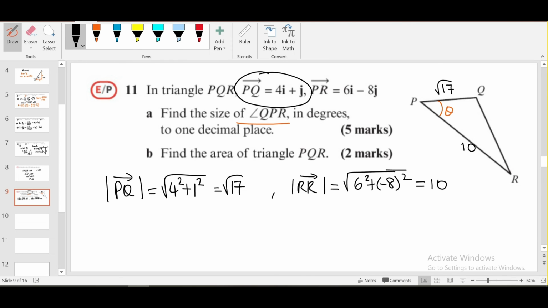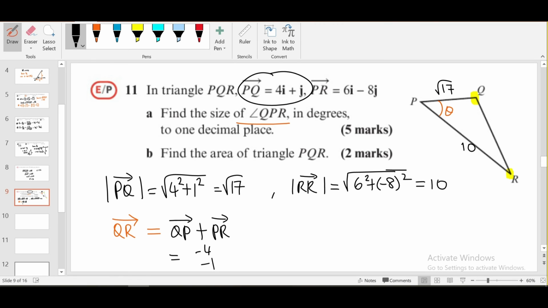Now can you tell me how do you find QR vector from the figure? You could go from QP to PR. Exactly. QP plus PR, right? You know PQ, so QP will be negative of it, right?